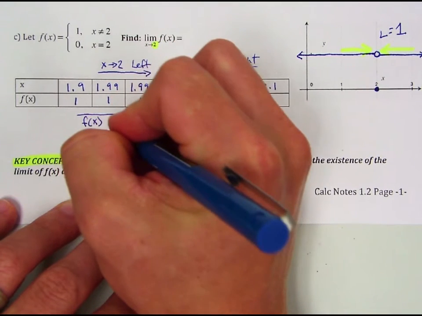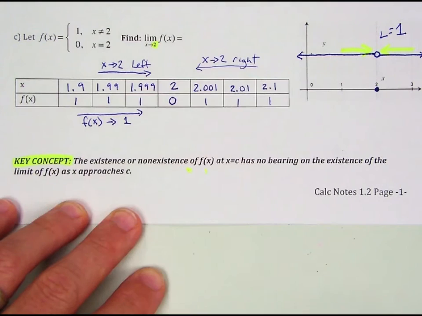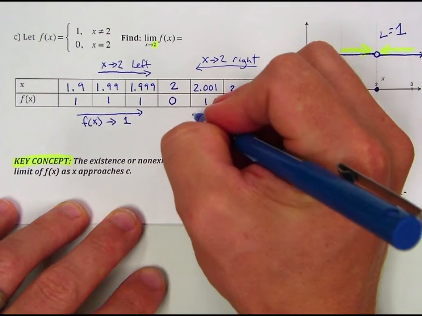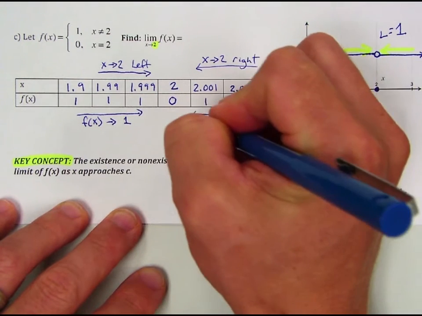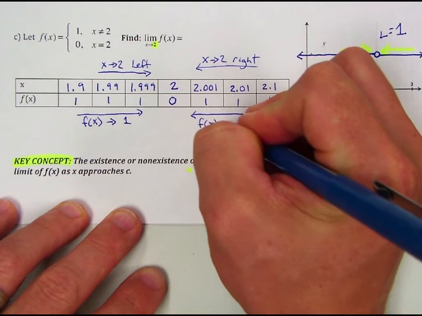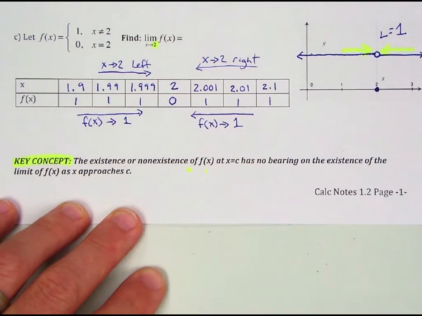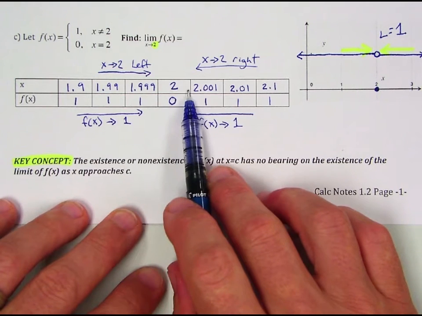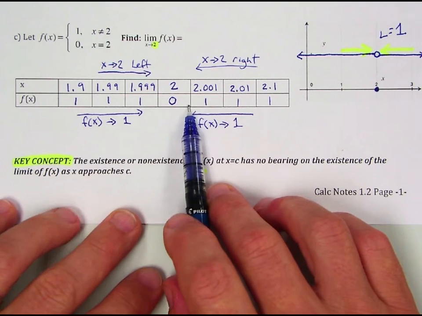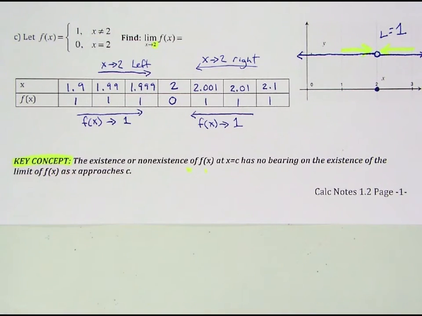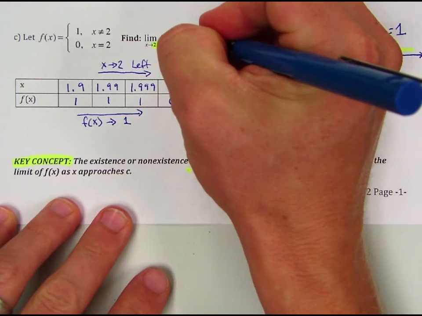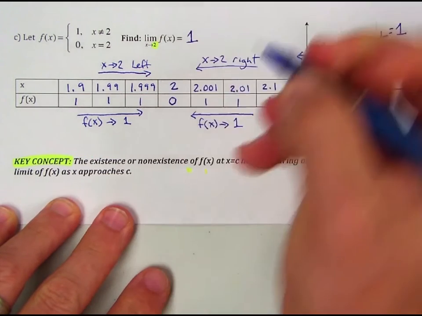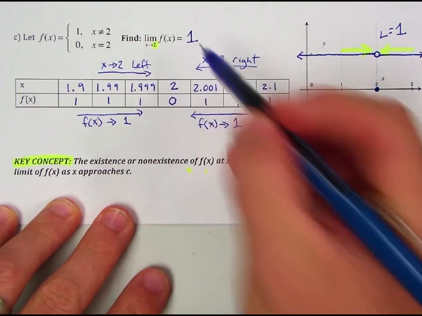Well, f of x is approaching 1 from the left, and then from the right, f of x is also approaching 1. Notice, even if we made an even smaller difference in here, 2.0001, we're still going to get 1. And so our limit here, as x approaches 2 of f of x equals 1.